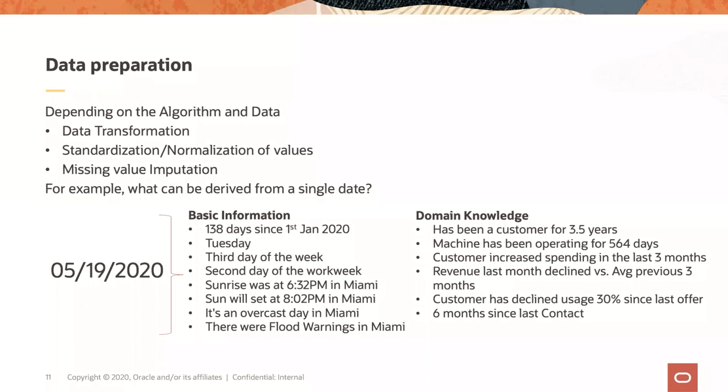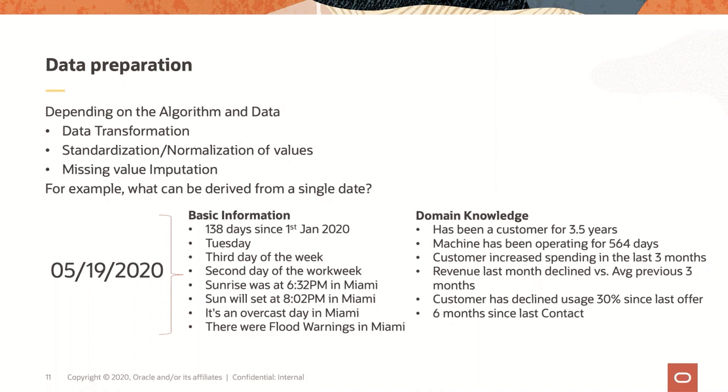On the other side, we have domain knowledge as well. That date might tell me how many years this customer has been a customer of mine, or how many days this machine has been operating since it started. How much has a customer increased their spending with me in the last 3 months?